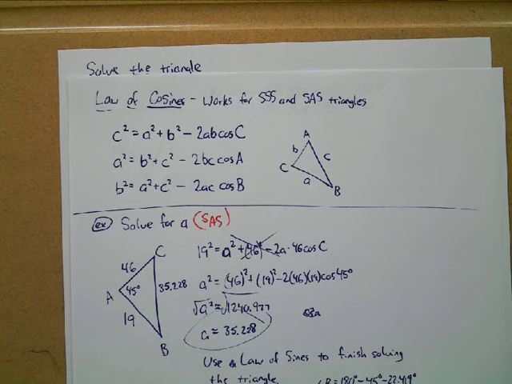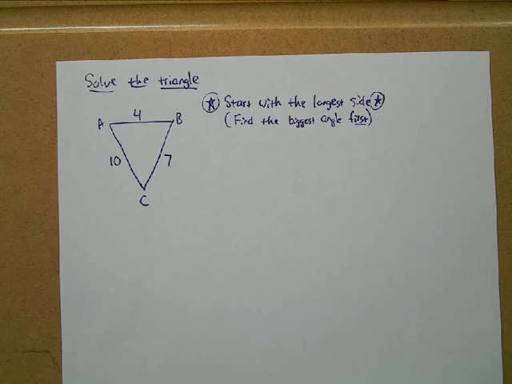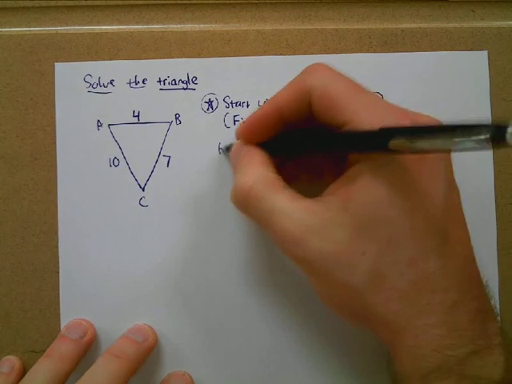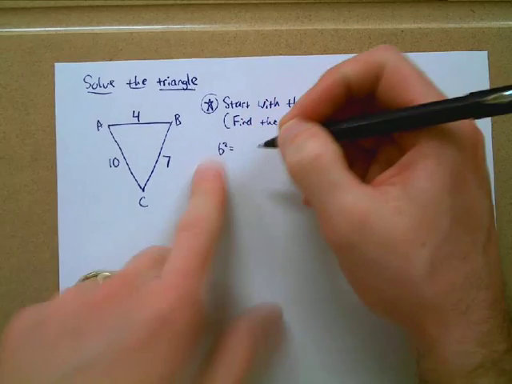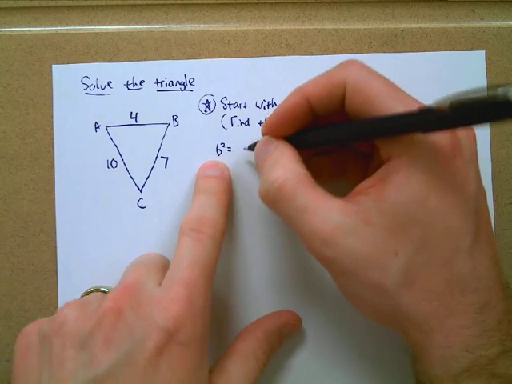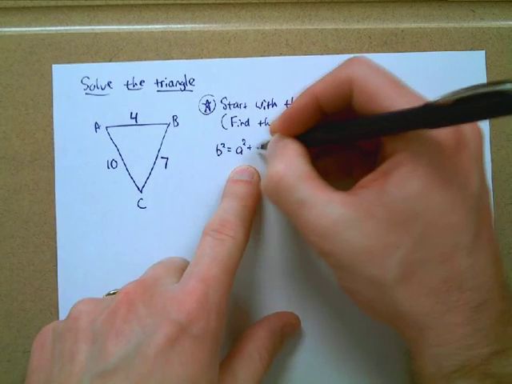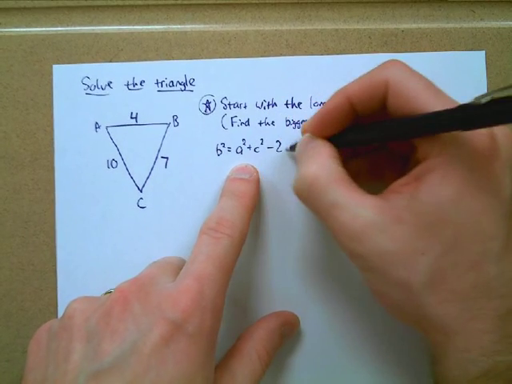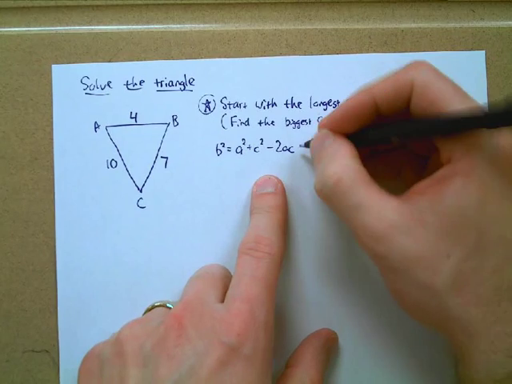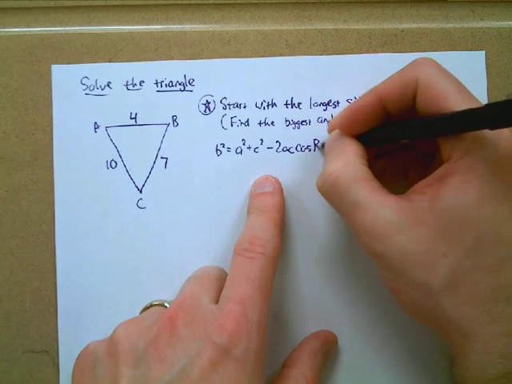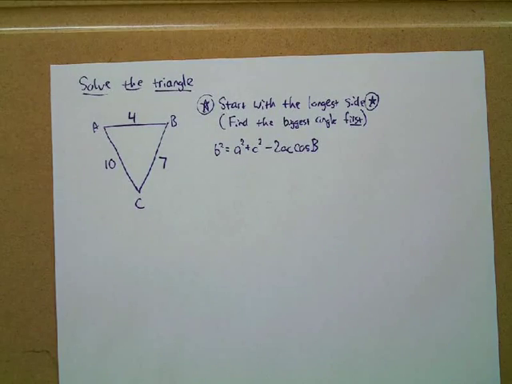So, I'll go ahead and write it out here. B squared equals, and again, how do I remember the formula? B squared equals, and then the other two will be A squared plus C squared minus 2AC, because it's just the other two again, and then cosine angle B, and that's how you remember the formula. Now we just plug in our information here. So it'll be 10 squared, 4 squared, 7 squared.